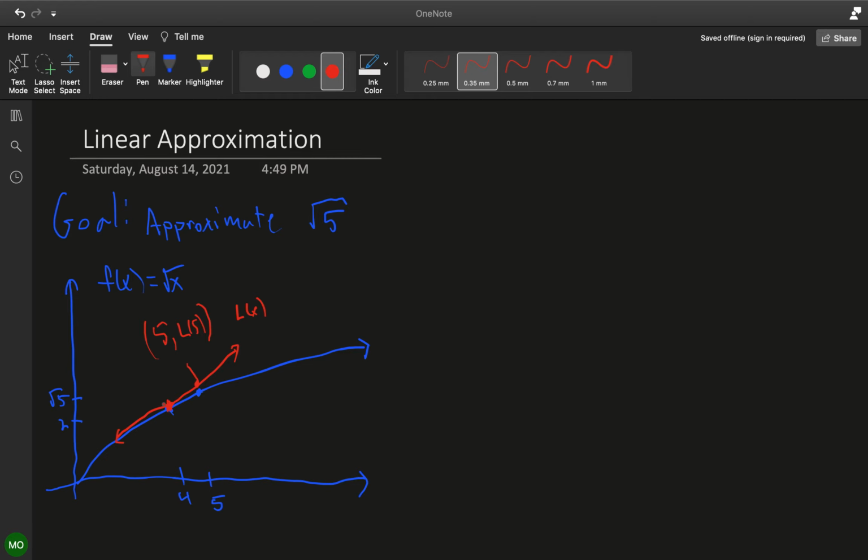And notice that tangent lines aren't actually the only type of approximation that we can do. So if we actually go over and look at 9, comma 3, which is another point on our graph, we can actually construct what's called a secant line.